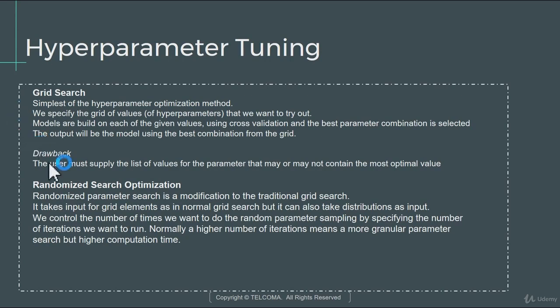In randomized search optimization, instead of passing a grid, you pass a distribution. Instead of trying all possible combinations, the algorithm will smartly take a couple of different values from the distribution and try those for the specific hyperparameter.